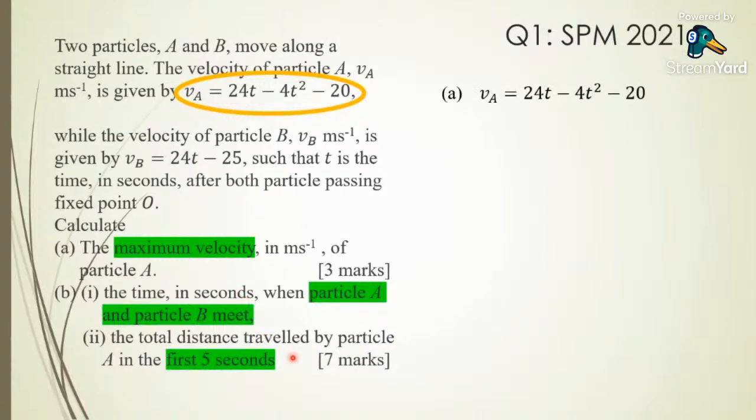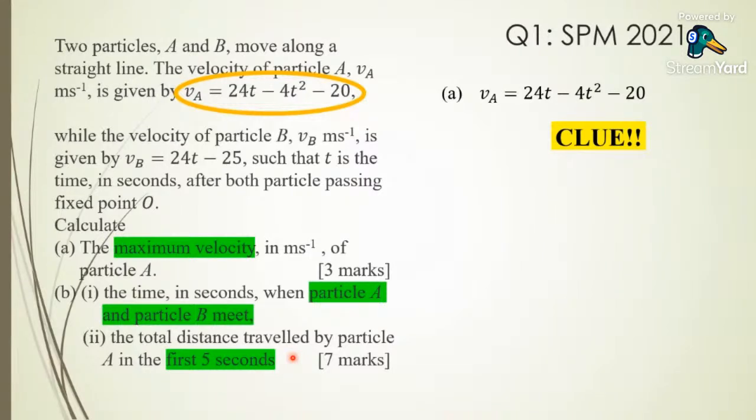We have the velocity of A as mentioned. Okay, when we want to find maximum velocity, when you want to solve kinematics, you have to know the clue. The clue means, what are the keywords, or the starting point on how to solve the question.